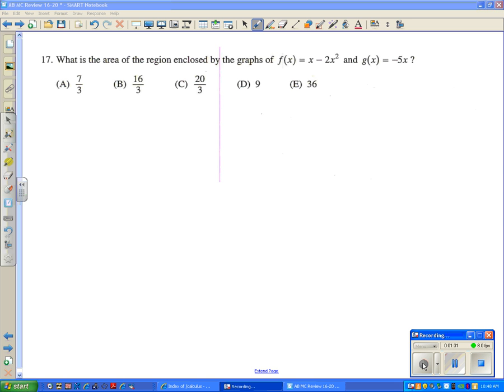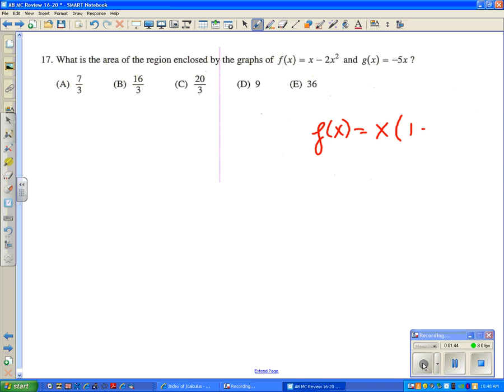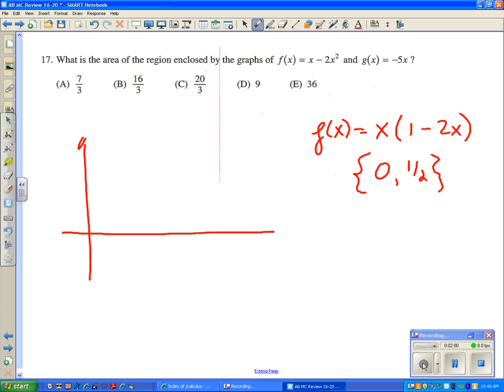This one is ambitious for us to do in a couple, 3 minutes. Maybe the way to start with it is to think about the function f and the fact that we could factor out an x pretty easily and come up with the fact that at 0 and at a half, we've got some x-intercepts.